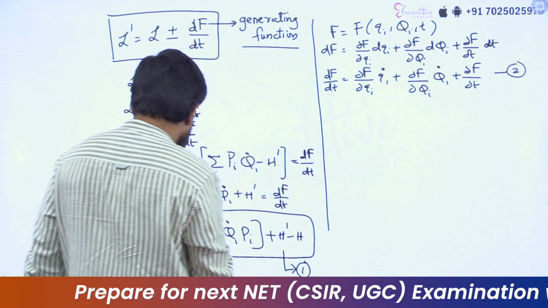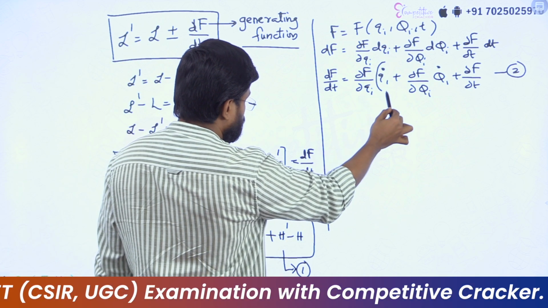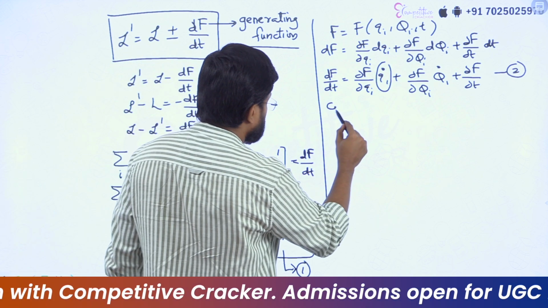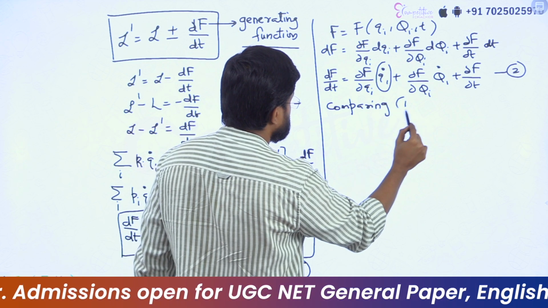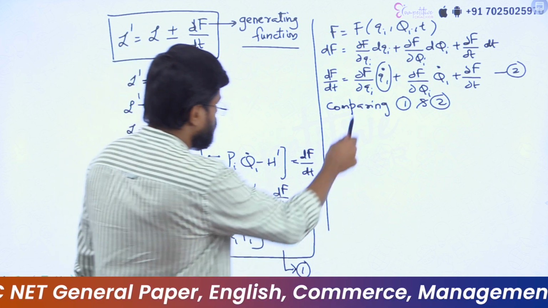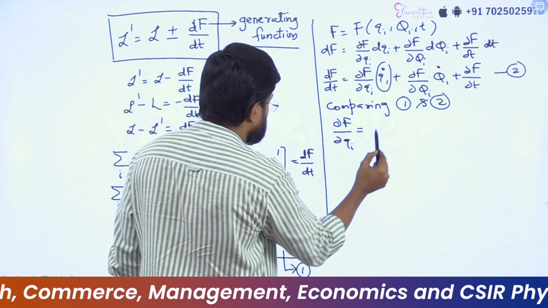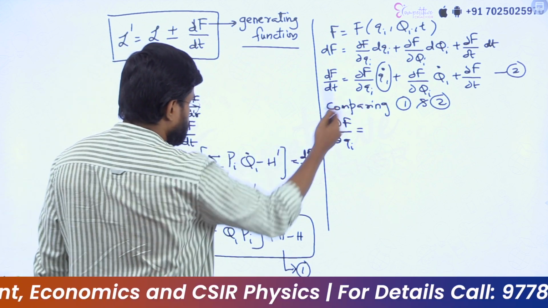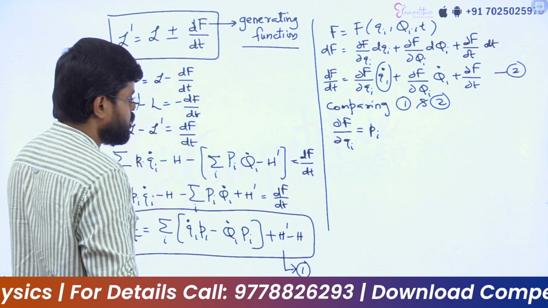This is dF by dt, and this is also dF by dt. Then what is the coefficient here? Qi dot is there, and here also qi dot is there. So comparing equations 1 and 2, what is dou F by dou qi? Here it is qi dot, here it is qi dot, so dou F by dou qi is pi.